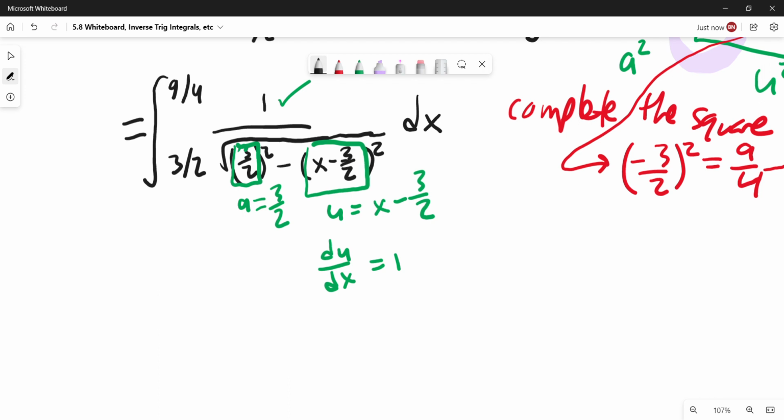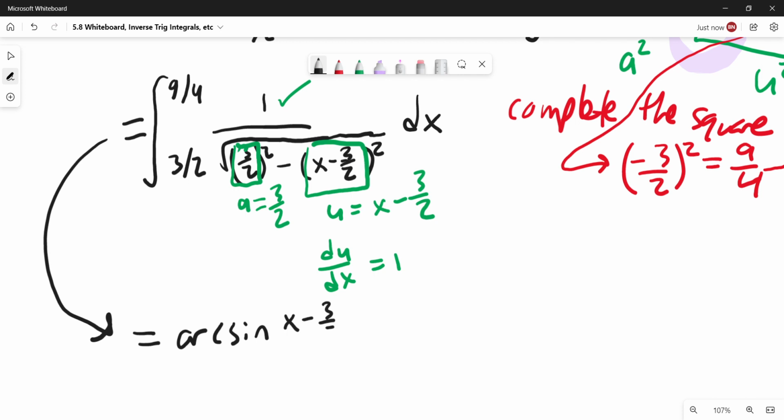So now we make this fit the arcsine form. Arcsine has no 1 over a out front, so we just jump right into arcsine of u over a. So u is our x minus 3 halves, and a is 3 halves.